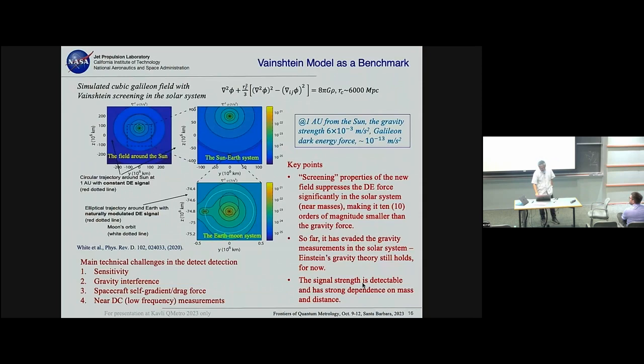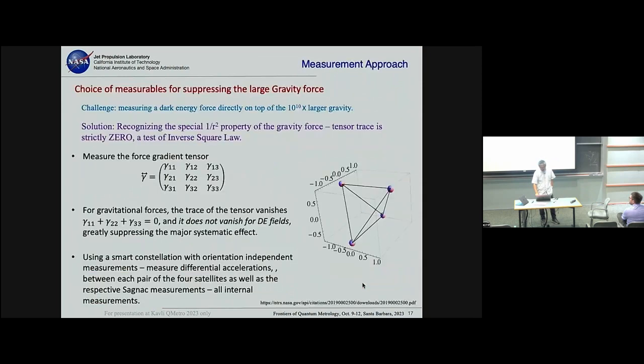So we propose a tetrahedral configuration of 4 drag-free spacecraft. By now you know what drag-free means, and there are different ways to do it, with laser ranging at a precision better than existing laser ranging.